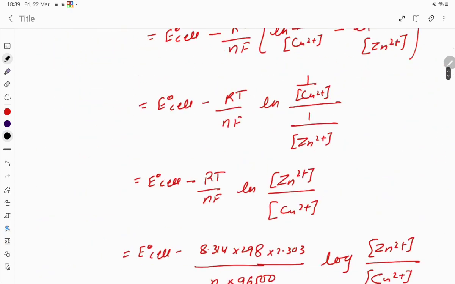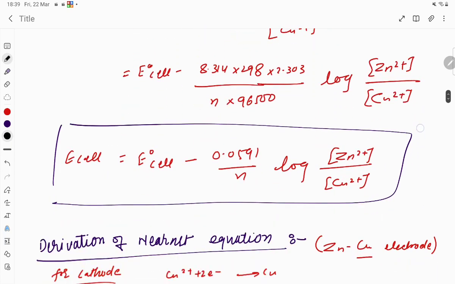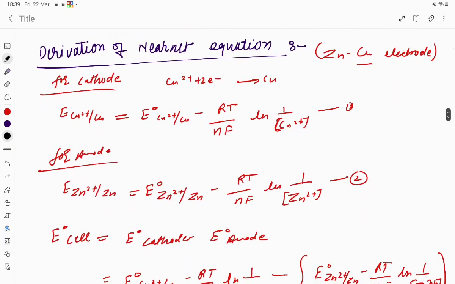So this is our required answer, students. We have derived the equation. This is the derivation of the Nernst equation.